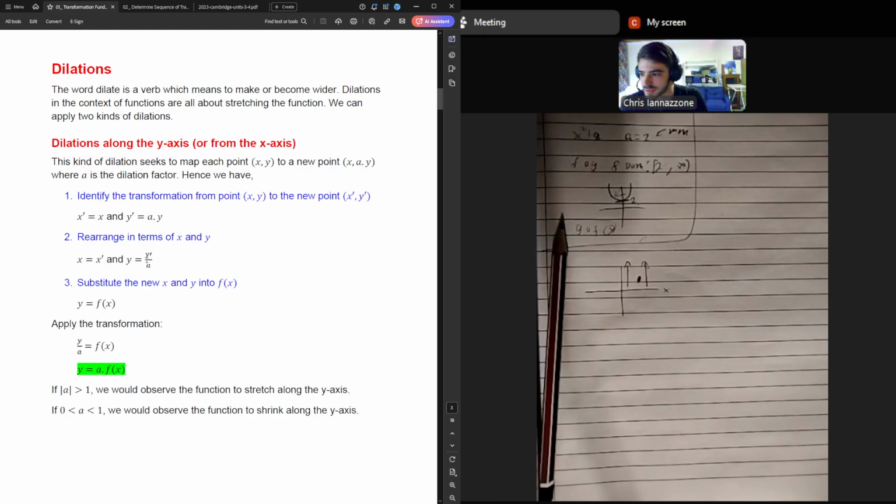Then from there, once you have that rearrangement, you sub in that new x and y into whatever your function is. So in this case, the x hasn't changed, so x is going to remain x, and the y has changed. So y is now going to become y divided by a. You'll notice that we dropped off the prime notations. That's simply because they were there for us to keep track of which variable is which.